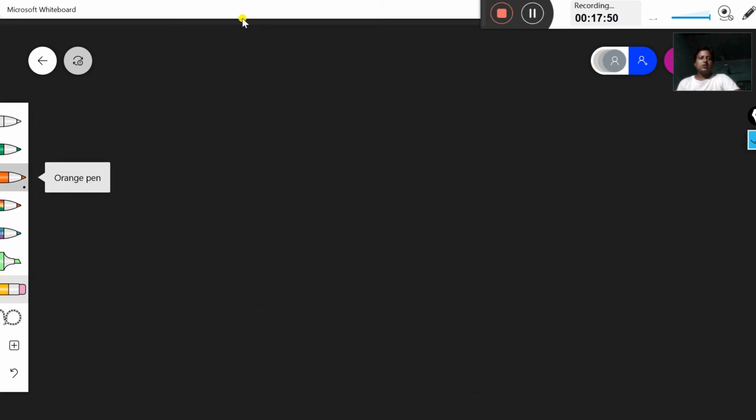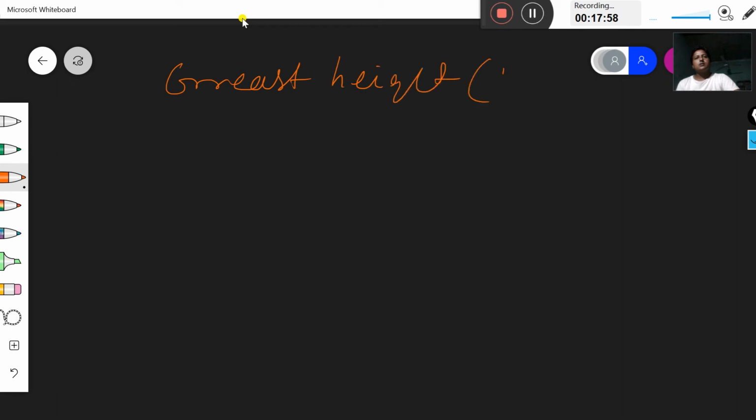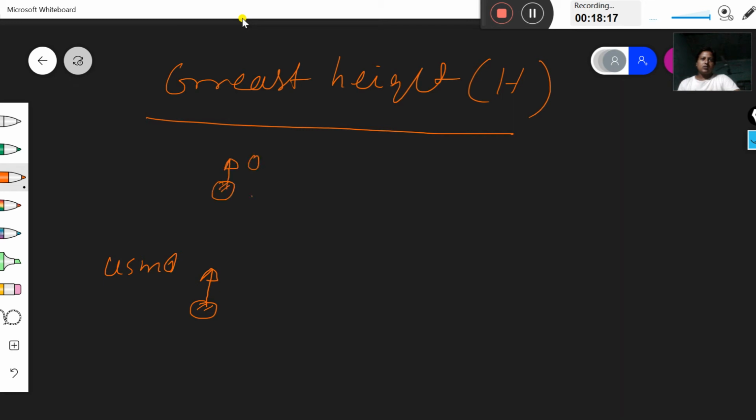Suppose we have to calculate greatest height. In achieving the greatest height, initial speed is u sin theta, final speed is 0, and this is the greatest height h.